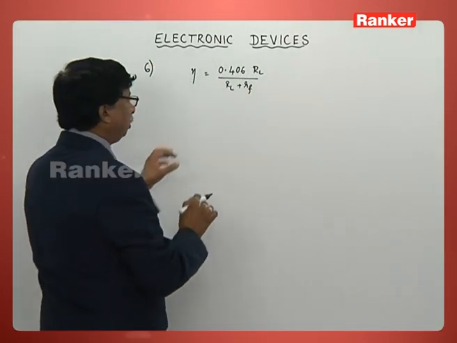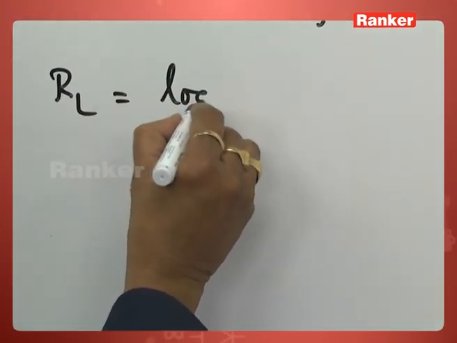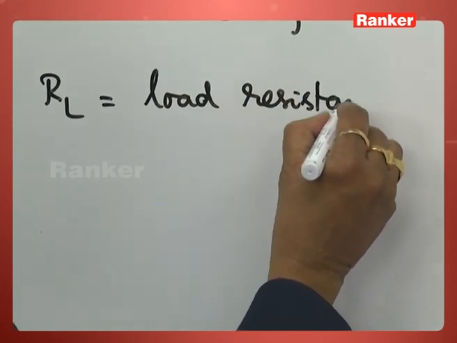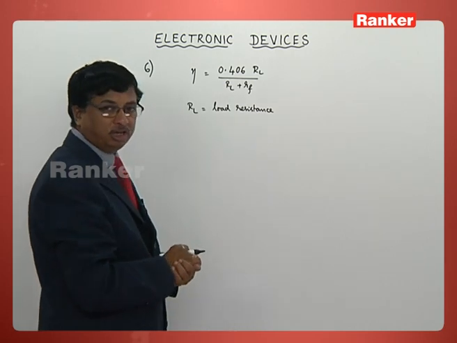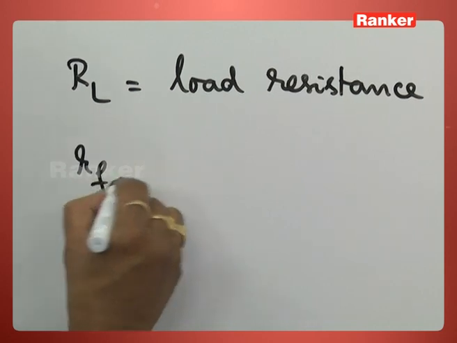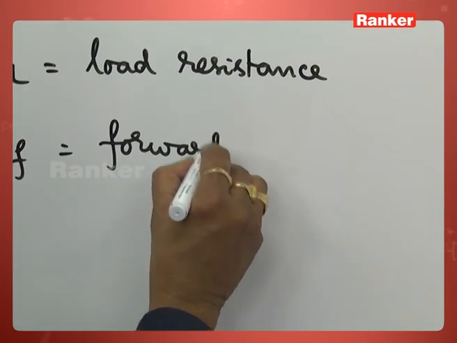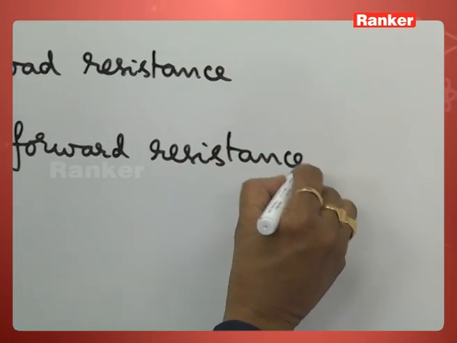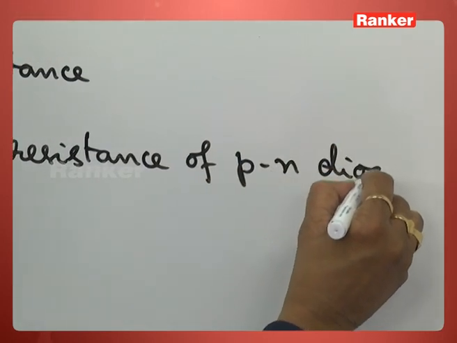Observe what is what in that. This RL we call the load resistance, across which the output is going to be taken. And what is this RF now? It is the forward resistance of the PN junction diode.